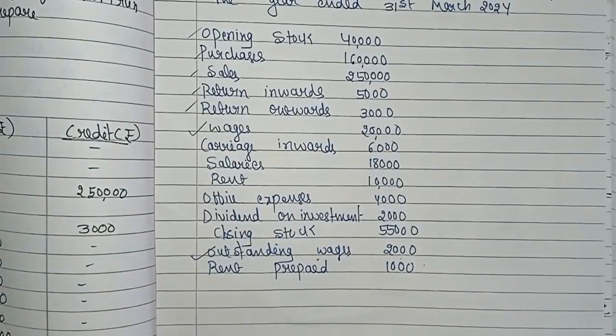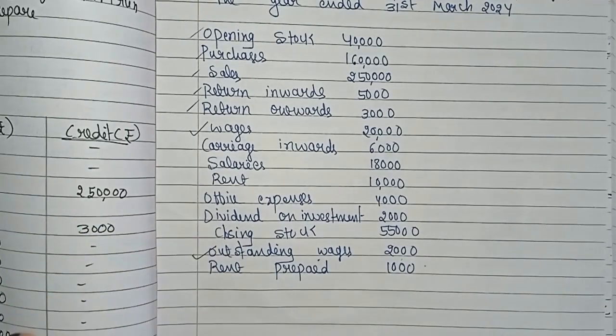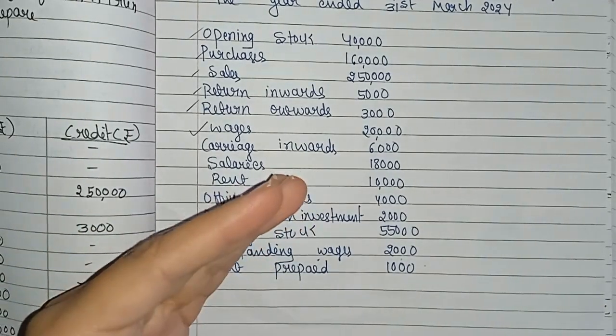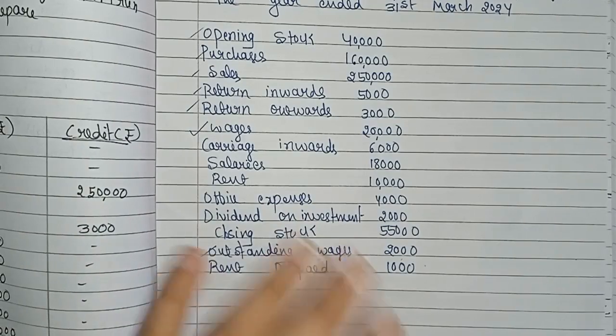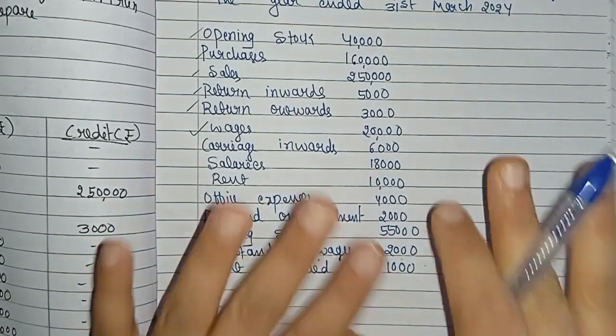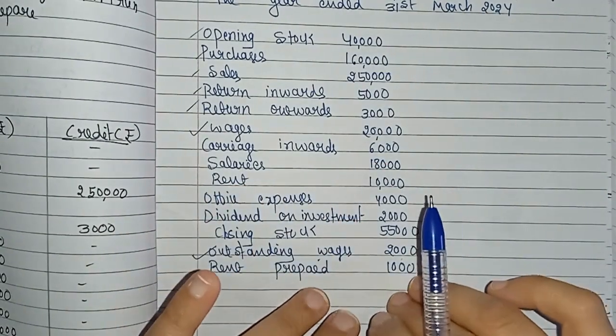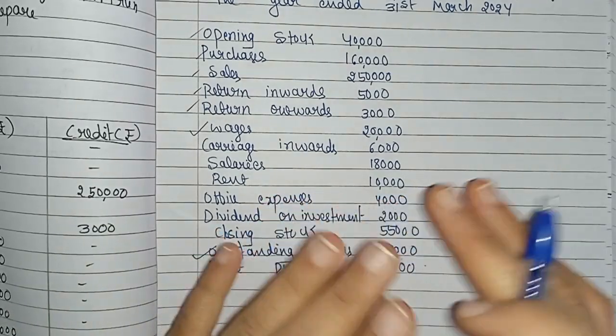It means wages that are due but not yet paid. Clear? Even though they are not paid in cash, the work has already been done during the current year. So the expense belongs to this year. Clear? So that is why we add outstanding wages to wages to show the correct cost of goods.